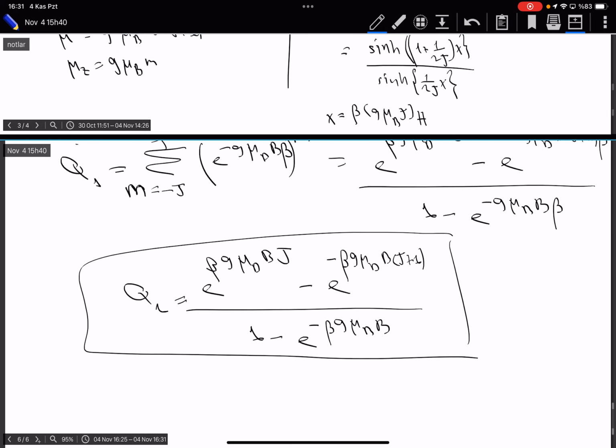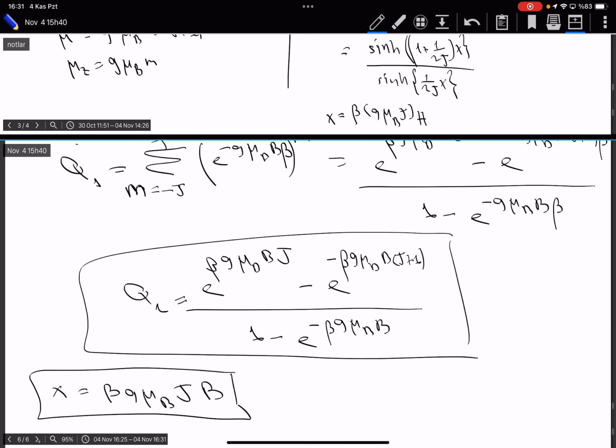Okay, let's use this definition. X will be beta G mu B times J times H B, to simplify it a bit.